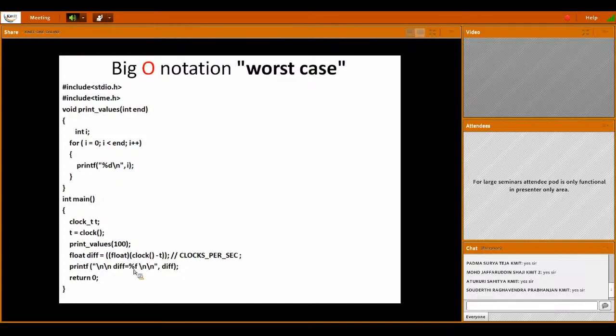Anybody who has executed? Raghavendra, what is the output? How much time?